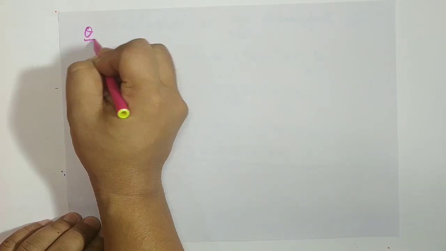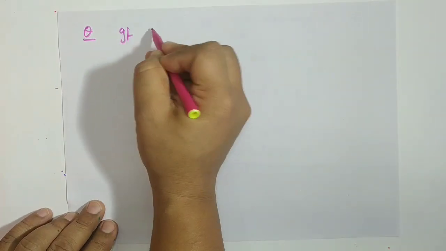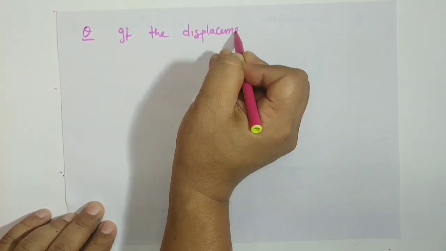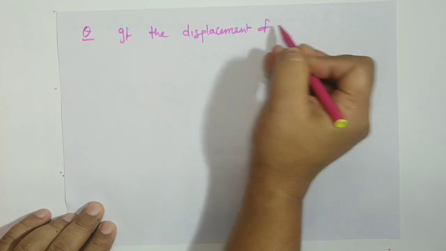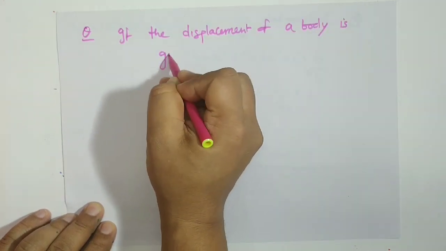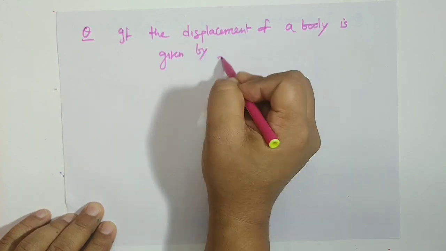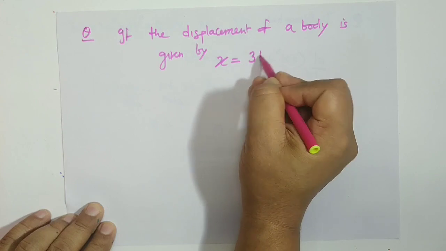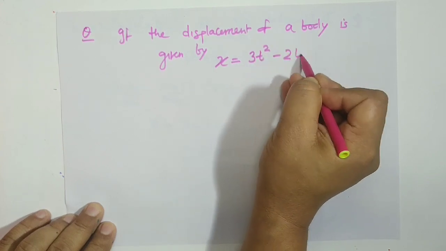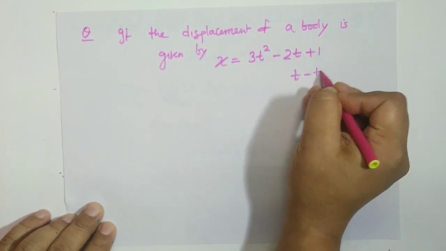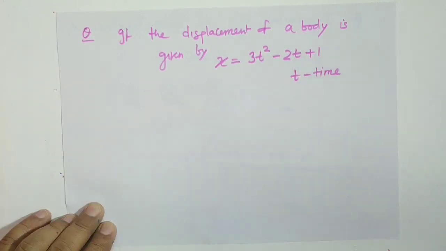You will understand where we have to apply. See here. It is written, if the displacement of a body is given by x equal to, say, 3t square minus 2t plus 1, where t is time, that means x is a function of time.